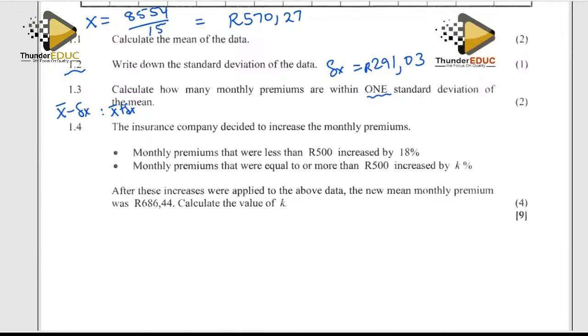So the mean, 570.27 minus 291.03 gives me a lower limit of 294.24. And my upper limit is 570.27 plus 291.03, which is 861.3.